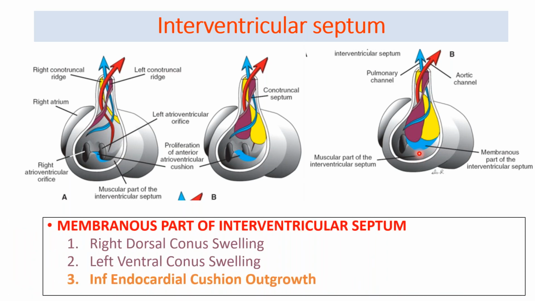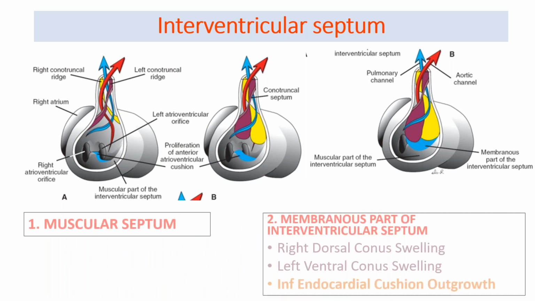So this is how the formation of the membranous part of the interventricular septum will be completed. From the inferior part, it is from the growth of the inferior endocardial cushion outgrowth, and from the superior side, the right dorsal conus swelling and the left ventral conus swelling together. When they fuse with each other, they are going to create the membranous part of the interventricular septum.